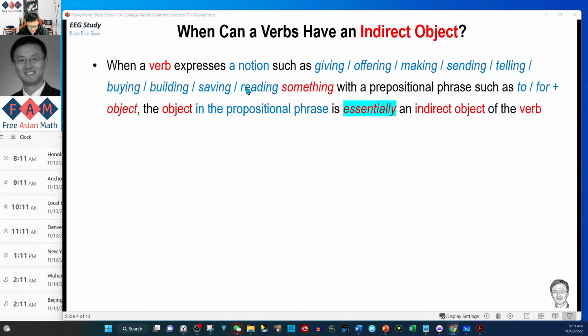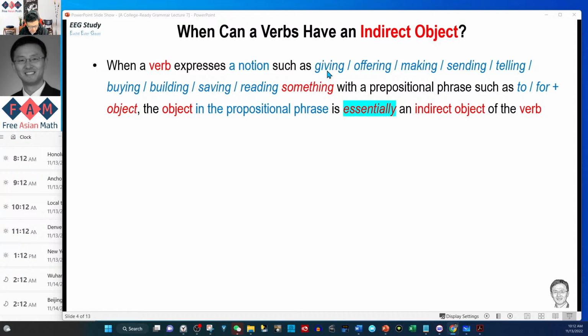So when a verb expresses a notion such as giving, offering, making, sending, and so on, you can logically see those verbs will need a direct object. But with those very actions, you can imagine the direct object will need its own recipient, which would be the indirect object to complete the idea.